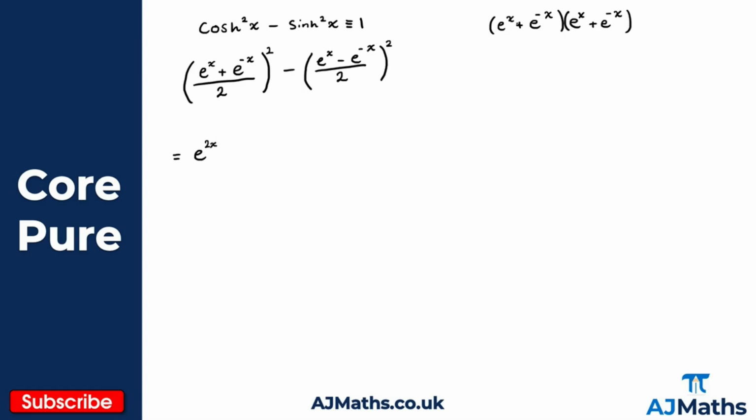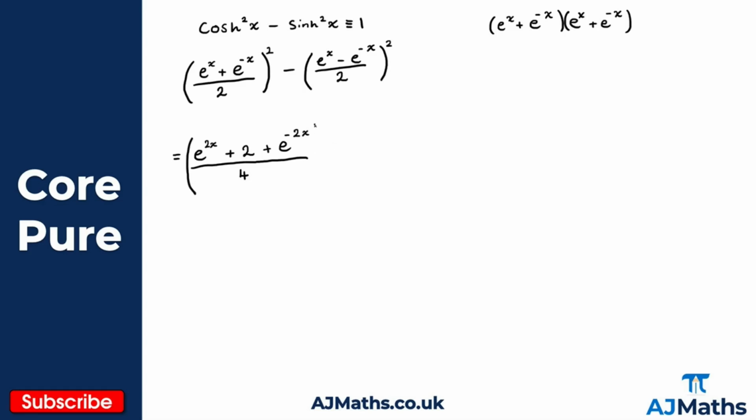When I multiply e to the x and e to the minus x, that gives me 1, because e to the minus x is the same as 1 over e to the x. Multiplying e to the minus x by e to the x, again I get 1. So I've got 1 plus 1 giving me 2. Finally, e to the minus x multiplied by e to the minus x gives me e to the minus 2x. That's my numerator. We now divide this by 2 squared, which is 4. That's my first bracket.